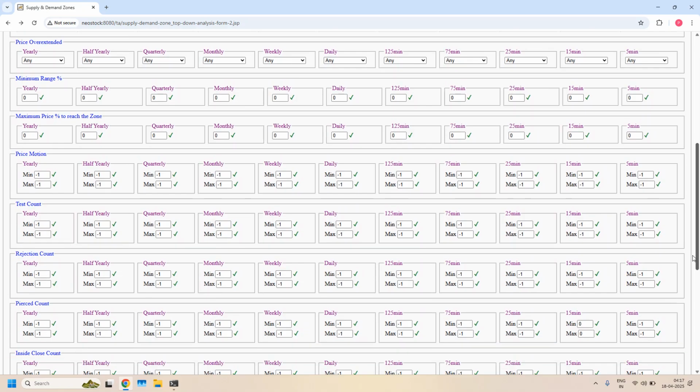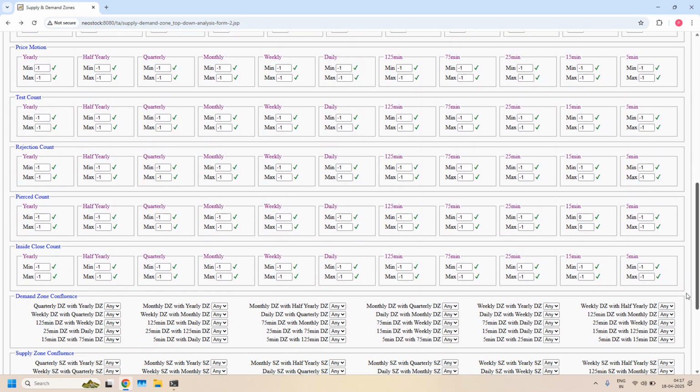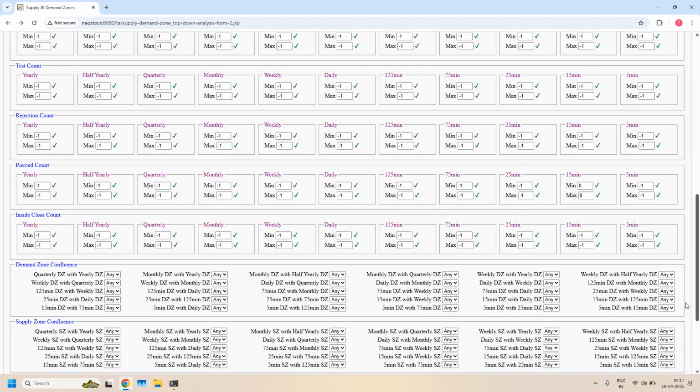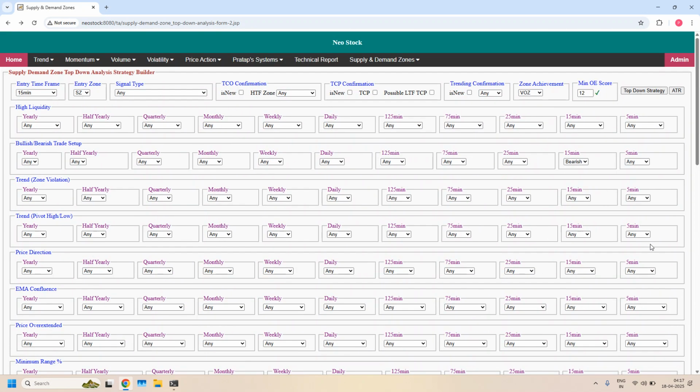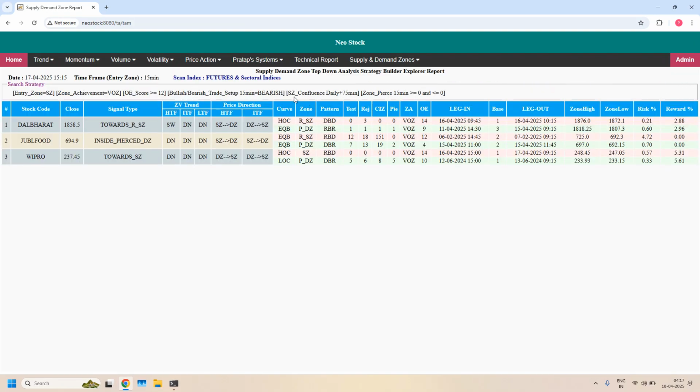In the supply zone confluence, we should set 3 filters. First filter is... something wrong. What is that we got earlier?